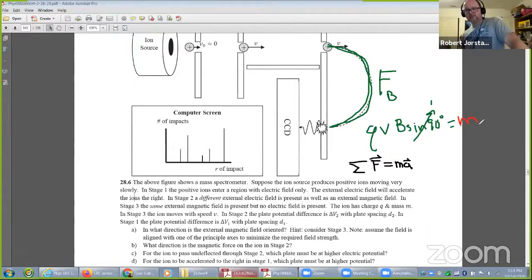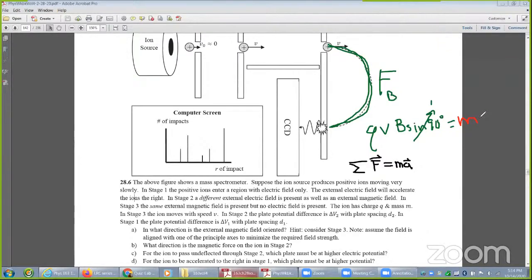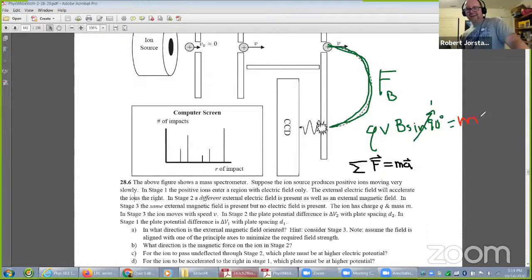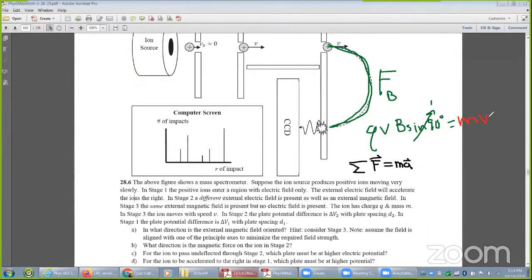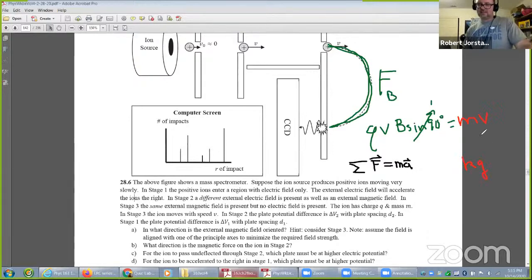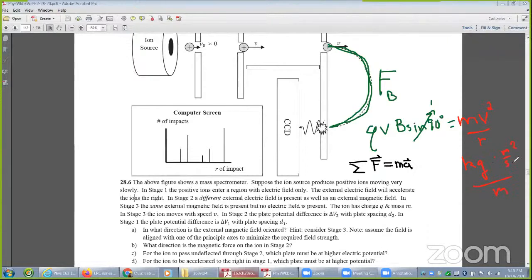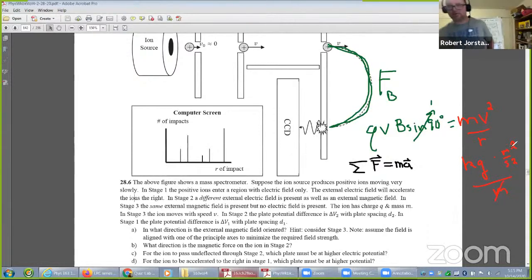So it would be M times what? V over R? Close, check the units. Kilograms times meters per second divided by meters. Yes, V squared over R. Use those units, people.